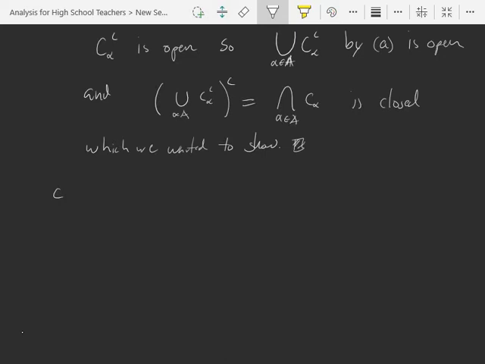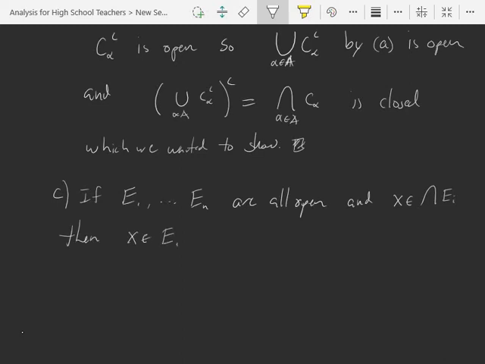For C, let's look at this. So if E sub 1 through E sub n are all open, and X is in the intersection of the E sub i's, then X is in E sub 1, X is in E sub 2, and so on.